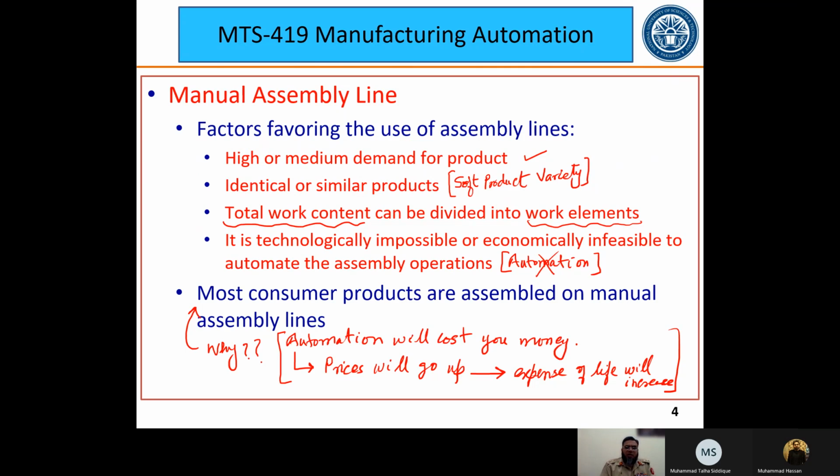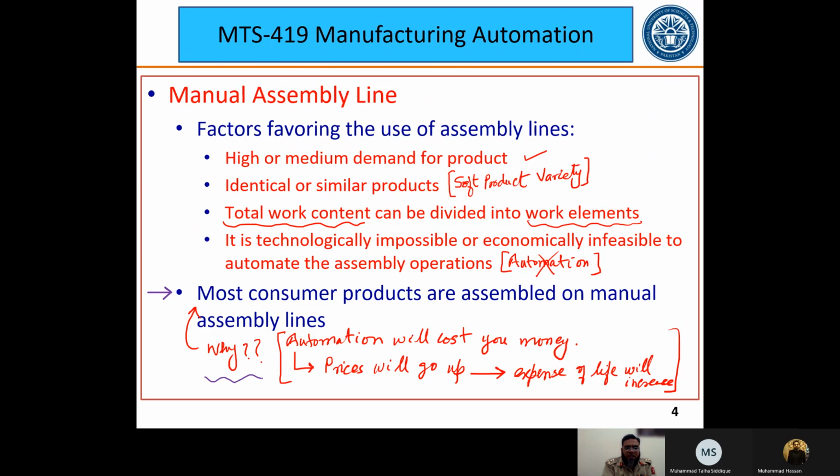Let us jump into the second point first. I'll just put an arrow here, and we are going to talk about this statement which says that most consumer products are assembled on manual assembly lines. I repeat, most consumer products are assembled on manual assembly lines.